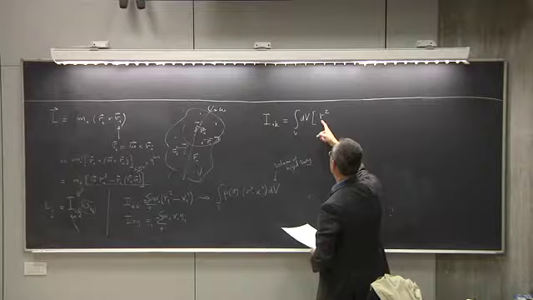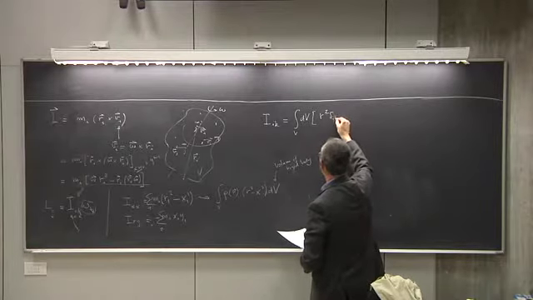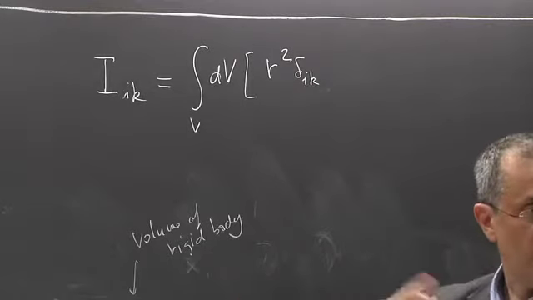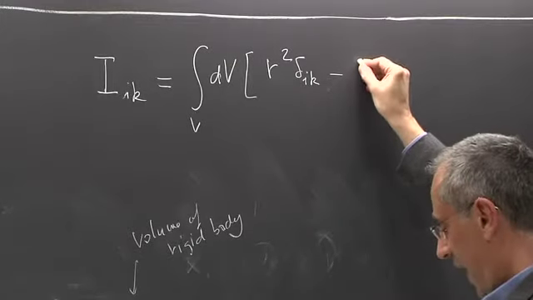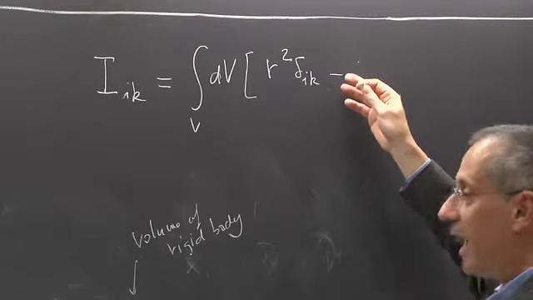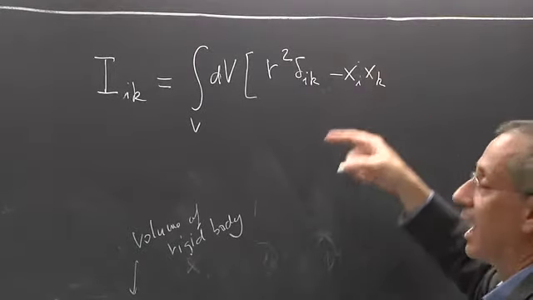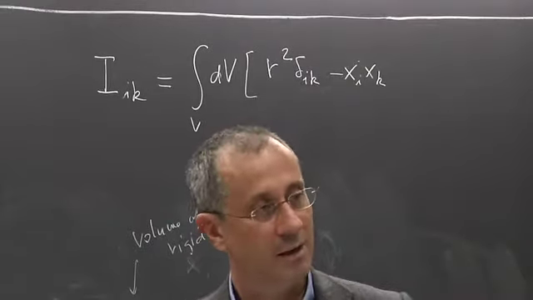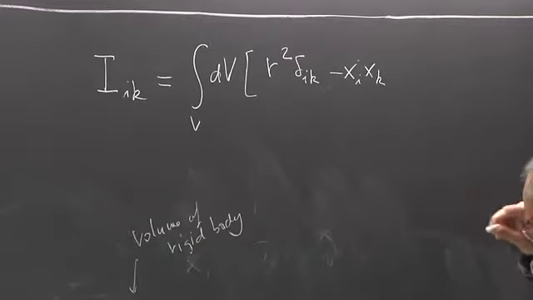So how do you encode this in here? Well, you use this Kronecker symbol that is 1 if these two indices are equal and 0 otherwise, okay? Minus x_i x_k, meaning that now I write x, y, z as x. So x1 is x, x2 is y.